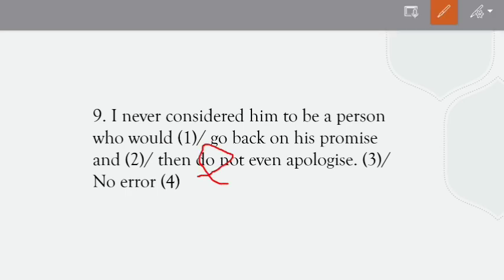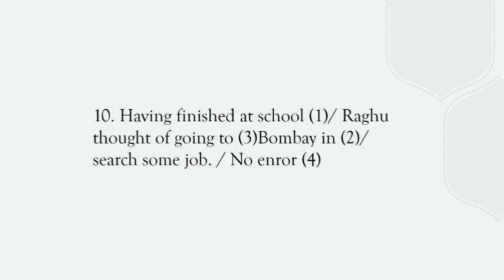We can say, then not even apologize. I never considered him to be a person who would go back on his promise and then not even apologize. So the answer is part 3. Next.